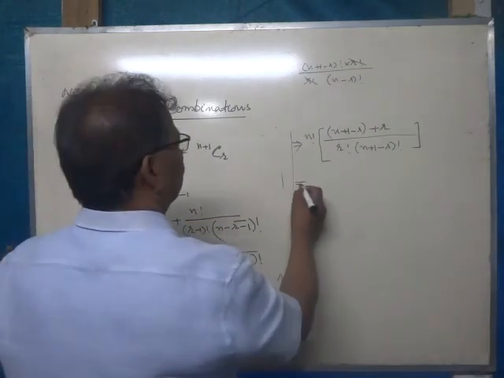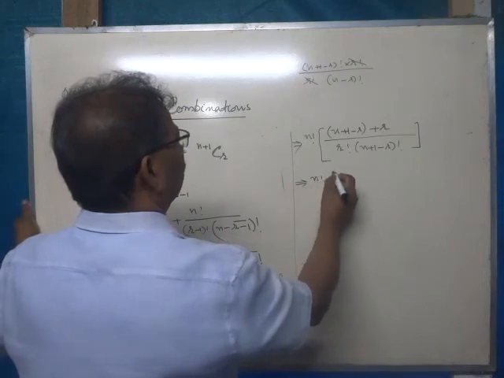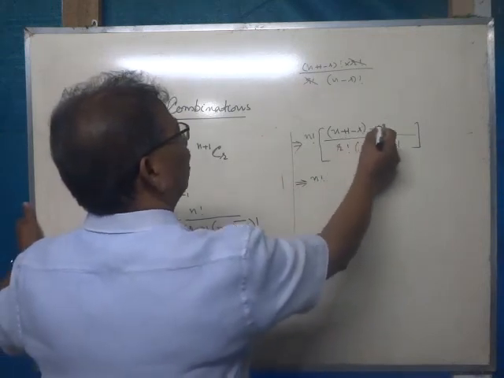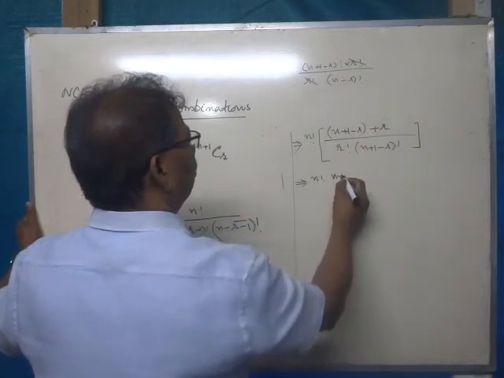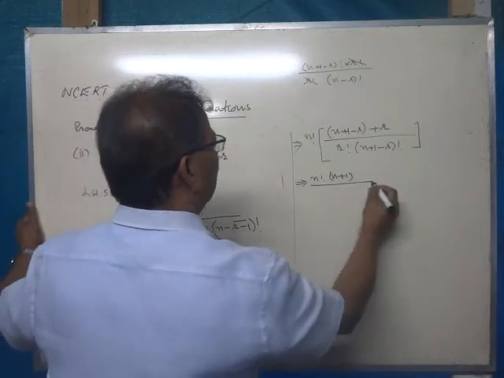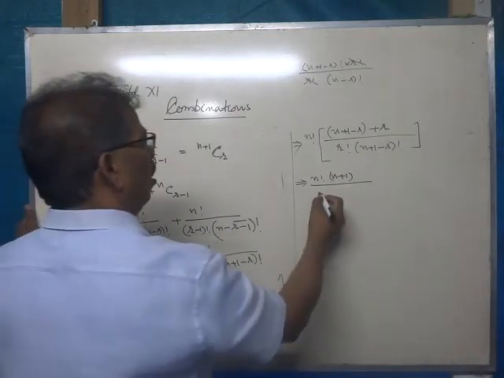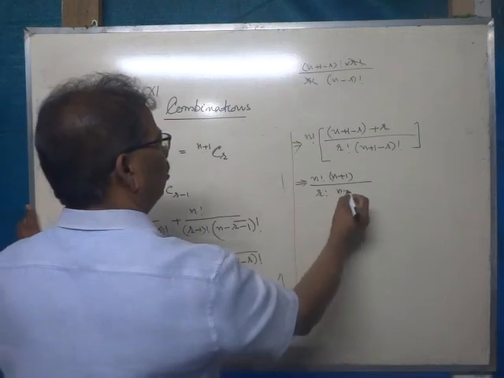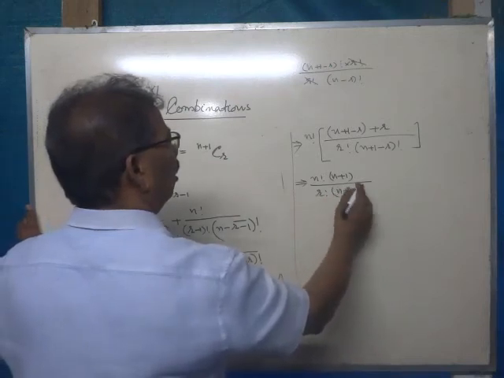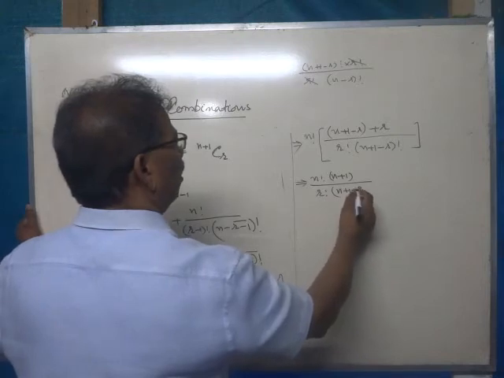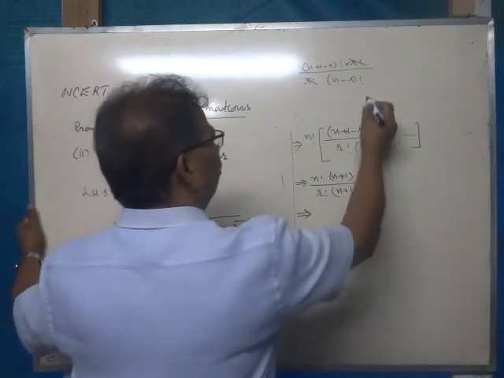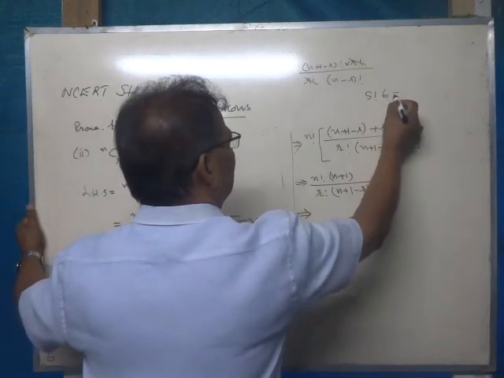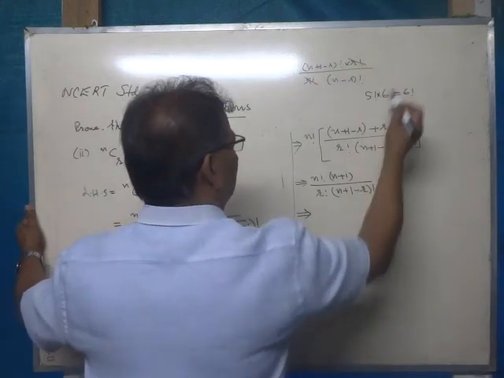Now n factorial into, what is this? r minus, this is minus, this one plus. Therefore n factorial into (n plus 1) divided by r factorial into (n plus 1 minus r) factorial. And what is it equal to? 5 factorial into 6 is equal to 6 factorial.